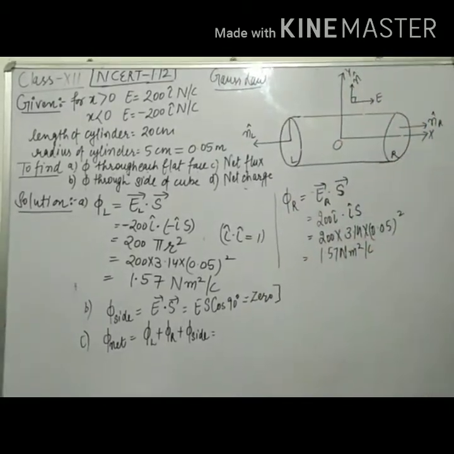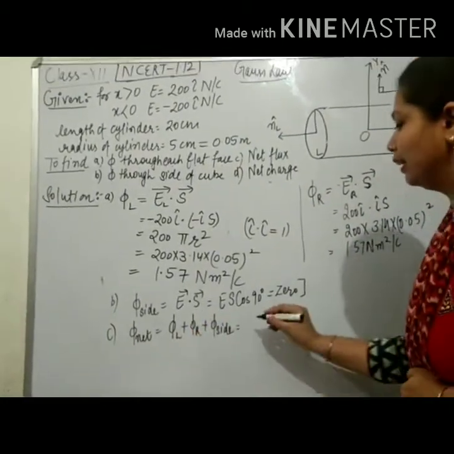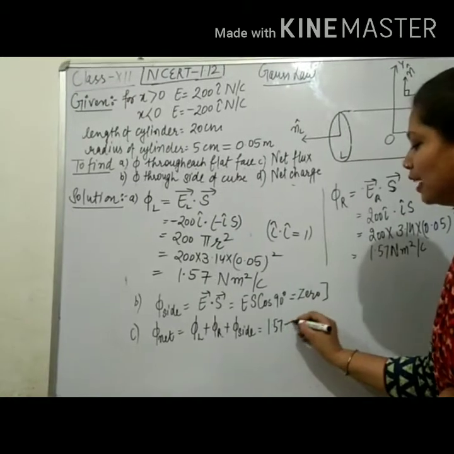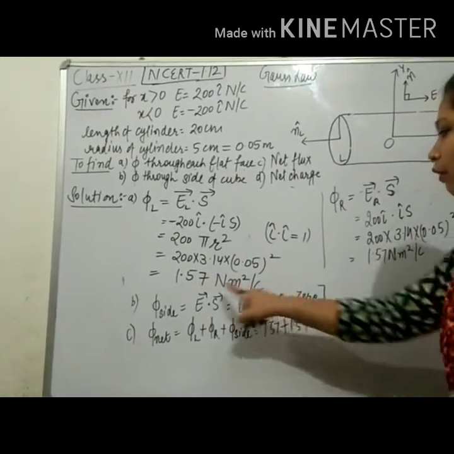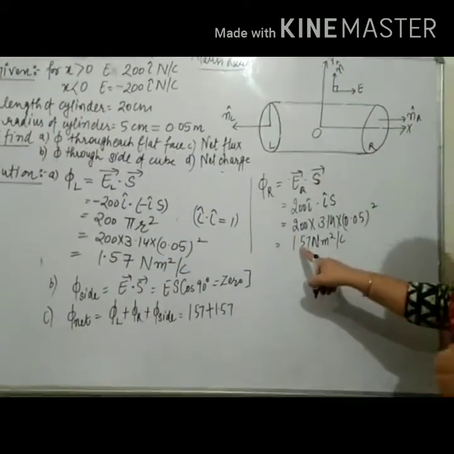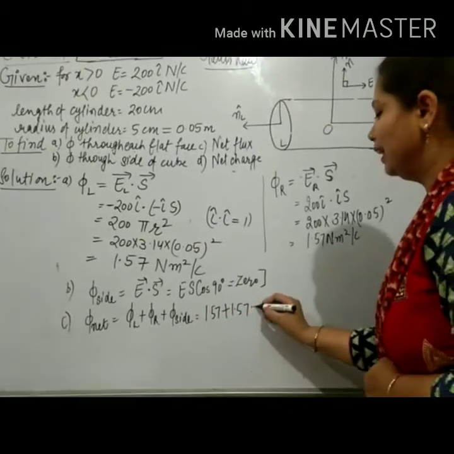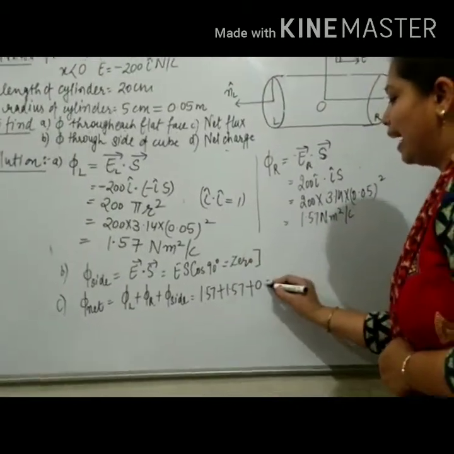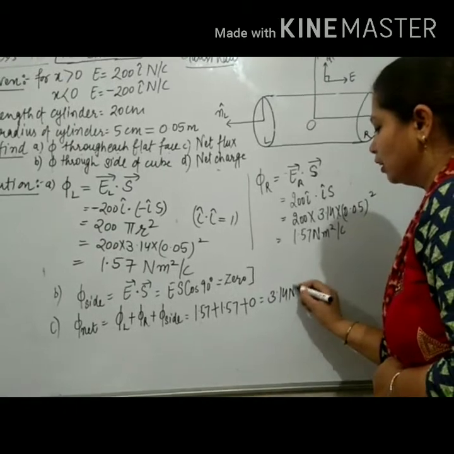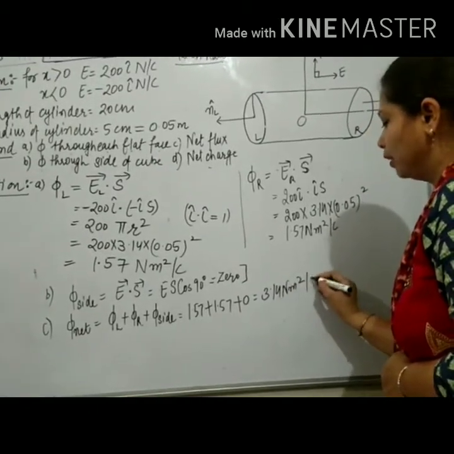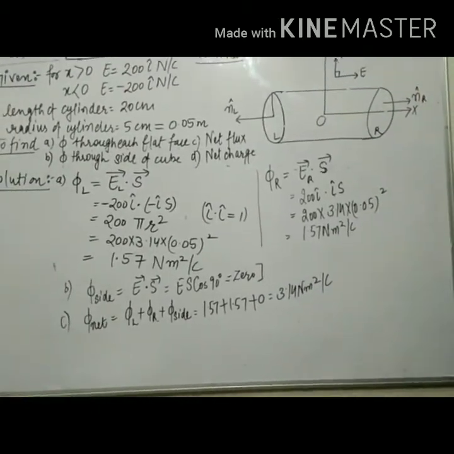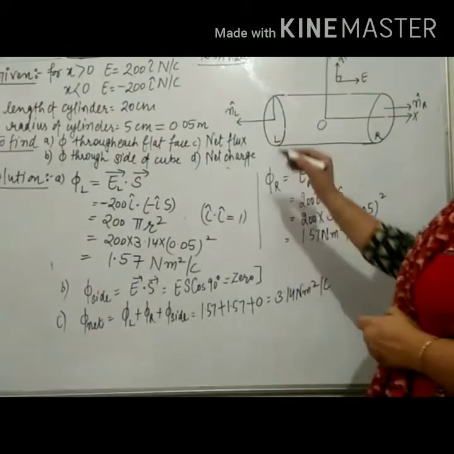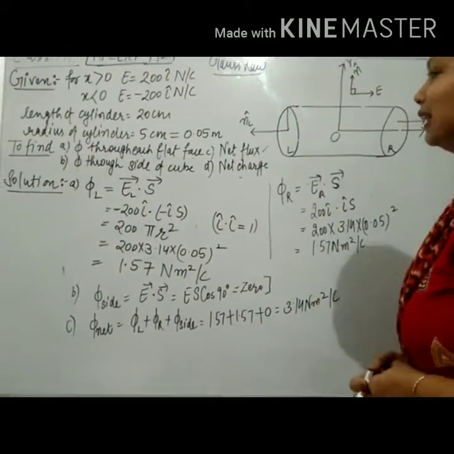We found the flux through left and right, 1.57 each, and the side's contribution is 0. Adding these we get the result 3.14 Newton meter square per coulomb. So in this way we have calculated the net flux through the cylinder.